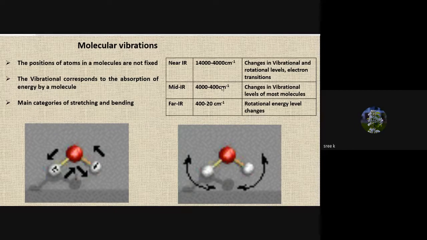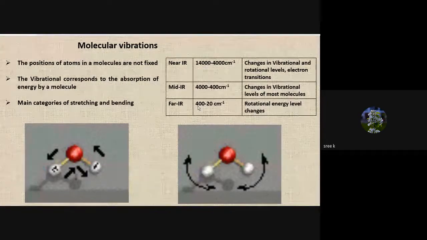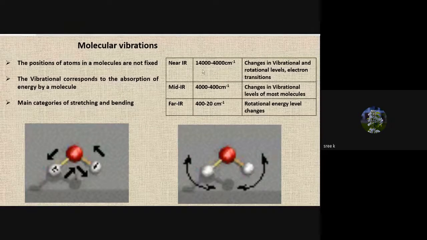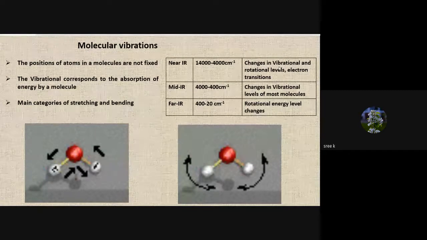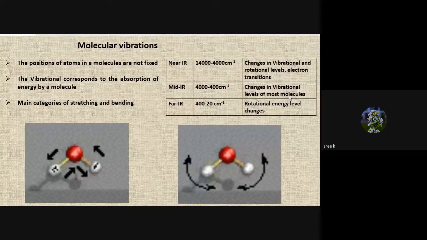So this is represented in terms of wave number, and the IR is between 400 and 20. Near IR gives information about changes in vibration and rotation levels and electron transitions. And this is the most important region, where changes in the vibration levels of most molecules can be understood, and this is where the rotation energy levels change.